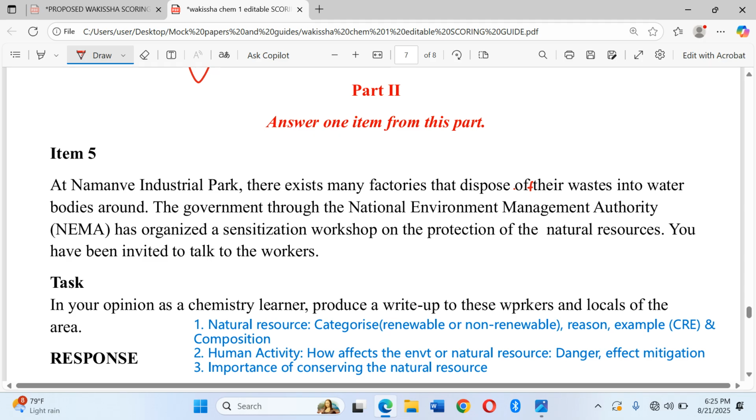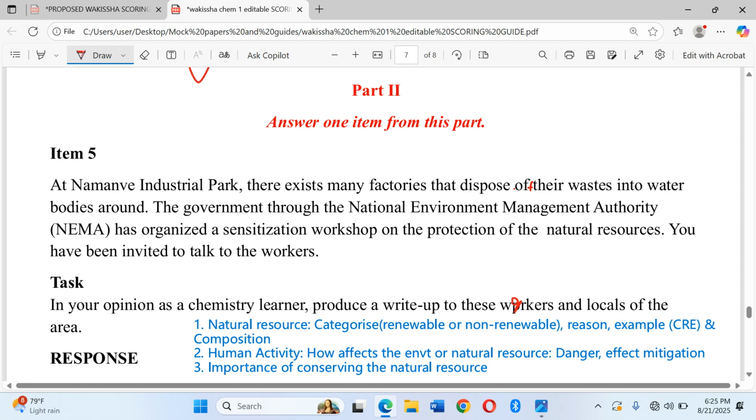The government, through the National Environmental Management Authority, has organized a sensitization workshop on the protection of the natural resources. You have been invited to talk to the workers. Task: in your opinion, as a chemistry learner, produce a write-up to these workers and locals of the area.